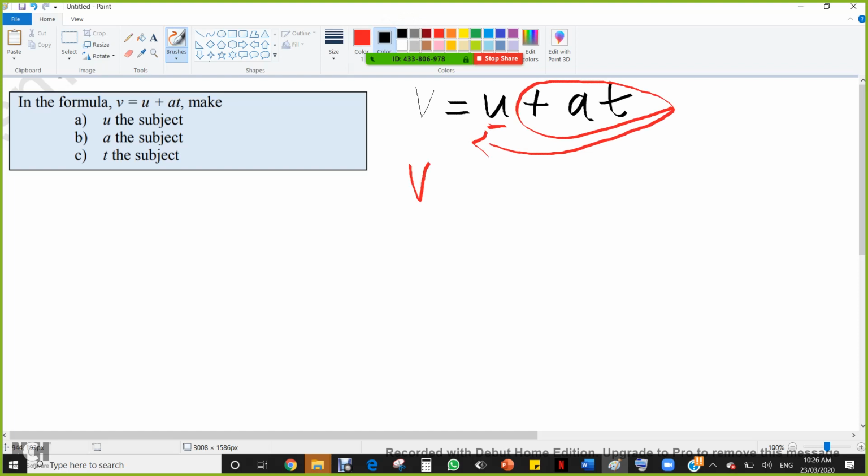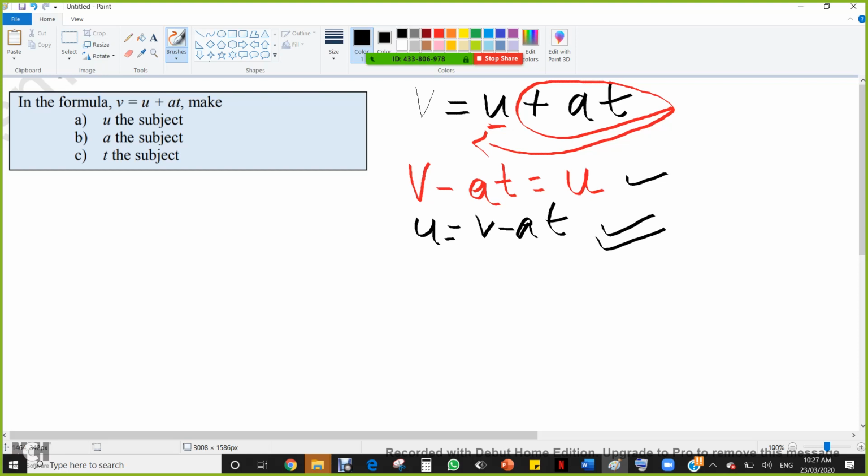When AT comes across, it becomes minus AT is equal to U, right? So we can rewrite this formula and say U is equal to V minus AT. You can leave it as this, and this is also correct, but ideally we'll want this, right? So this is part 1.